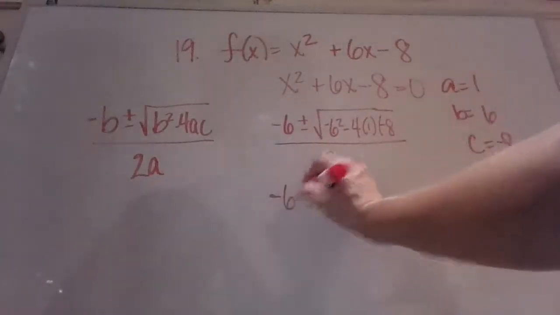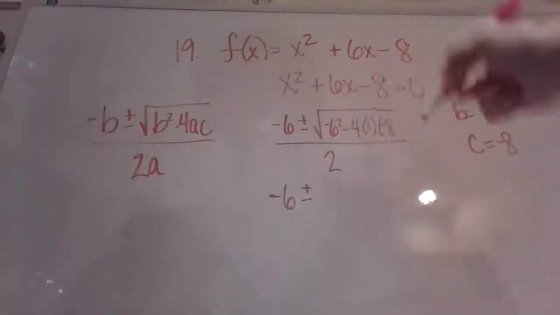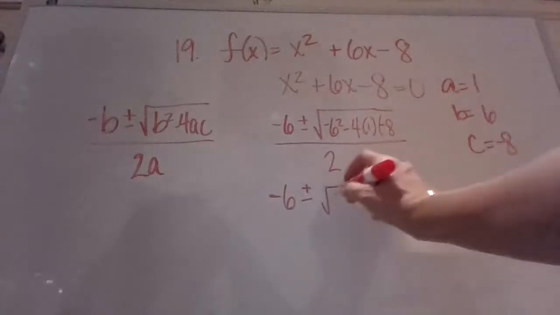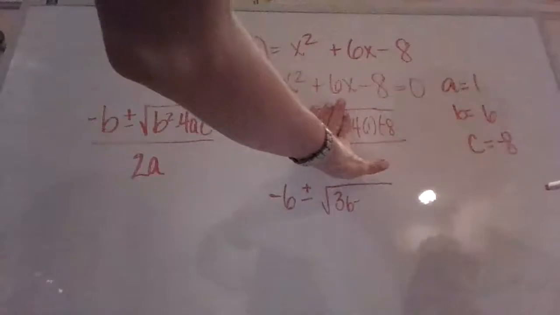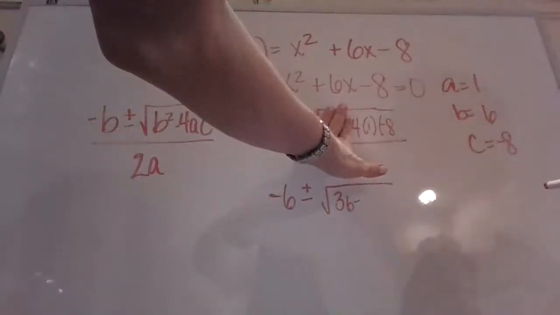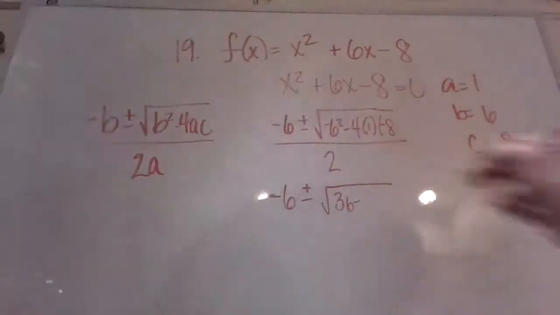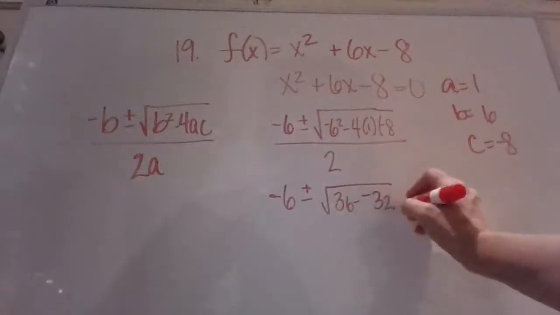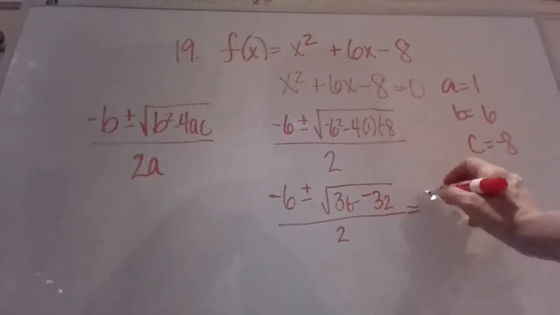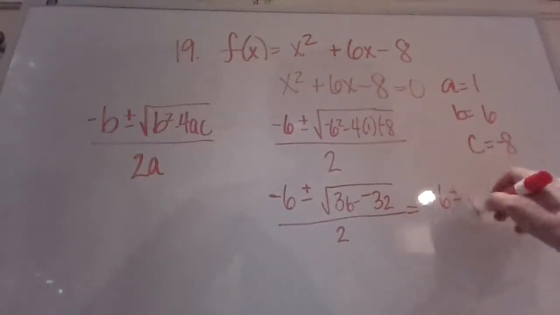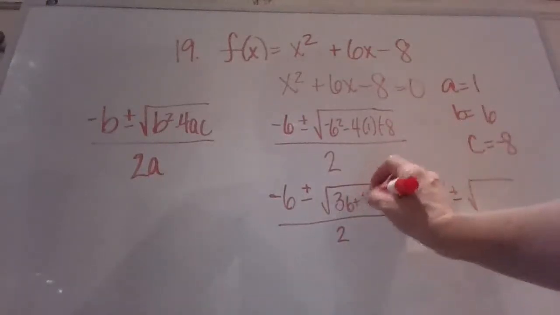So negative 6 plus or minus, negative 6 squared is 36. 36 minus, now 4 times 1 is 4, times negative 8 is negative 32. So minus negative 32, all over 2. Keep, change.